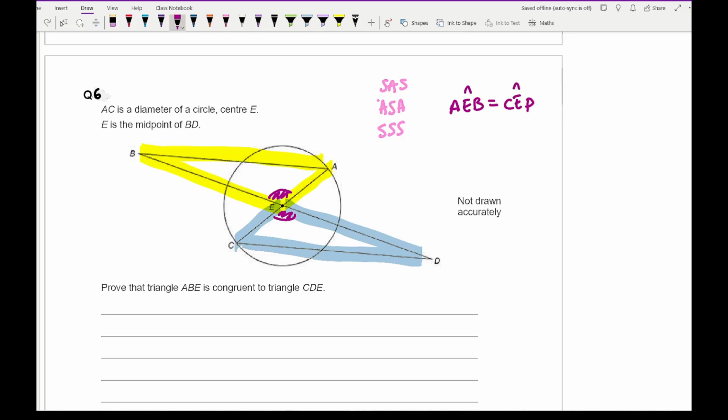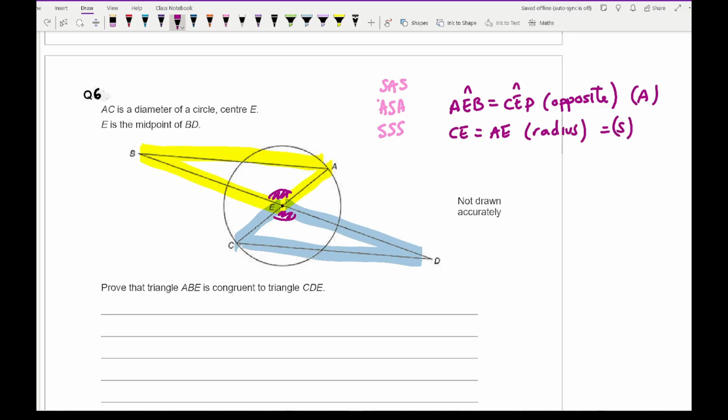And the reason for that is because they are opposite angles. And there we've proved that an angle is the same. Then we need to prove that a side is the same. So we know that CE is equal to AE. And that is because they're both the radius of the circle. So there we've proved a side is the same.